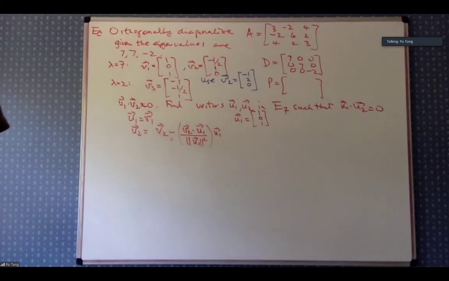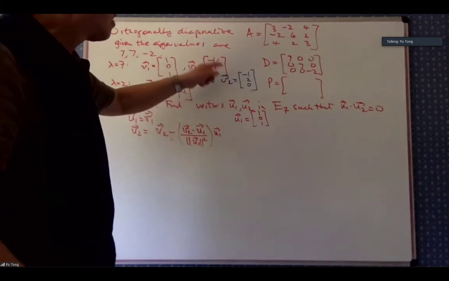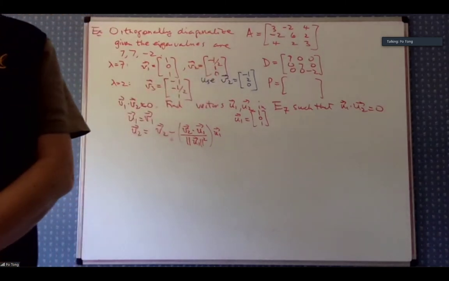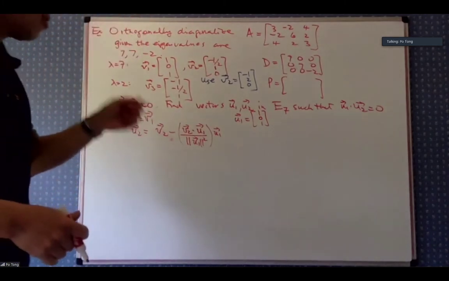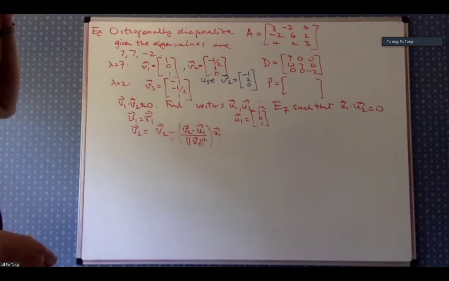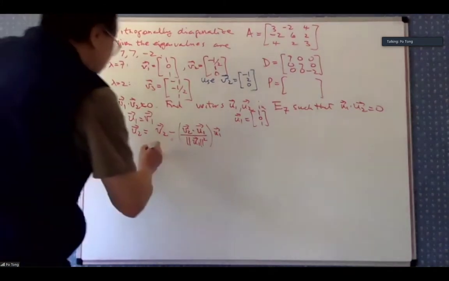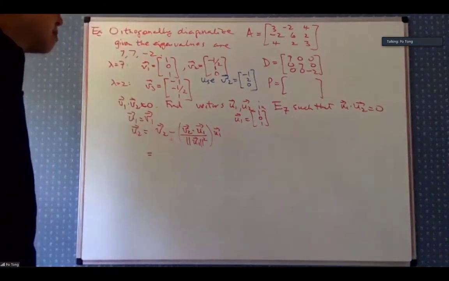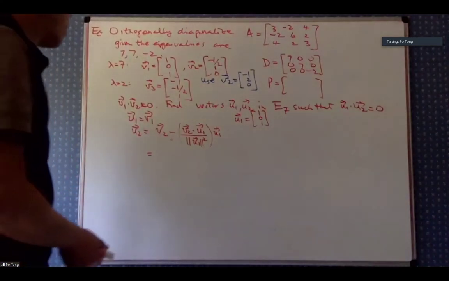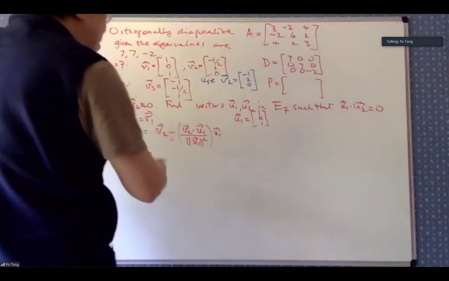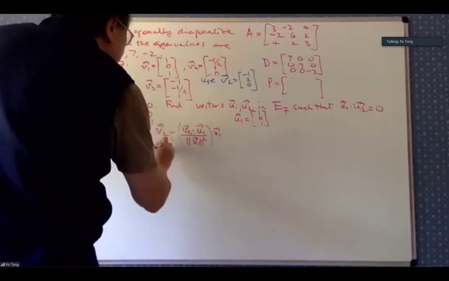Do you guys understand why I can use that? I can just scale it. It doesn't really hurt, then I don't have to deal with the fractions. So make sure I do it right. I'm deviating from my notes a little bit here, probably, so I'll try to do it slowly to do it correctly.